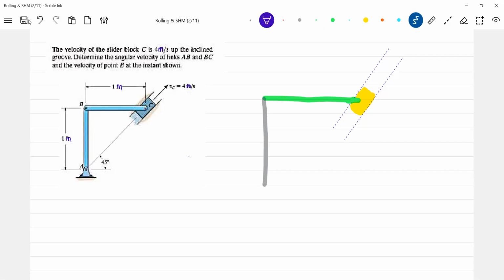Okay, I'll proceed. All the angles are given. So this will make an angle theta.